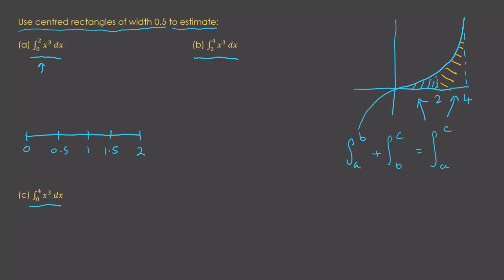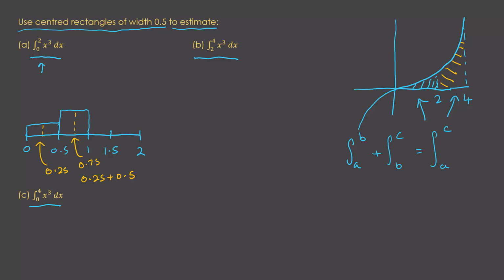So we're going to have a rectangle here, and then there'll be a second rectangle there. And the heights of those rectangles are going to be the value at the center. So in other words, 0.25. But then the next center, because the widths are 0.5, is going to be at 0.75, which is of course 0.25 plus 0.5.